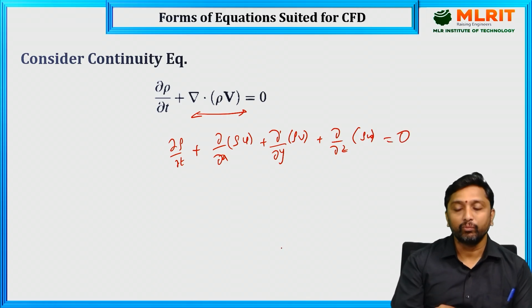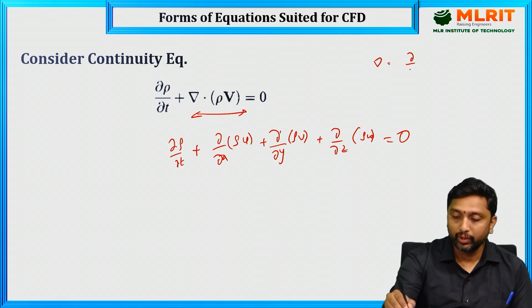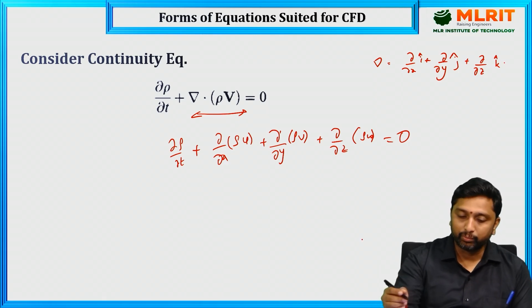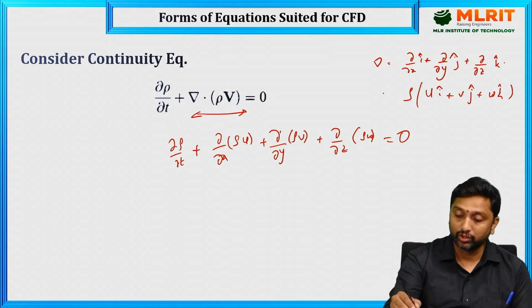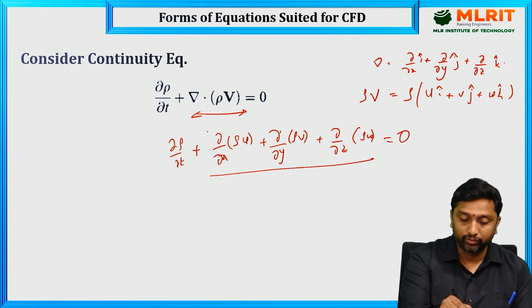So how did we end up at this conclusion? Nabla is dou by dou x i cap plus dou by dou y j cap plus dou by dou z k cap. So when I multiply with rho into u i cap plus v j cap plus w k cap, which is the velocity, the dot product of these two will end up with this kind of expression.